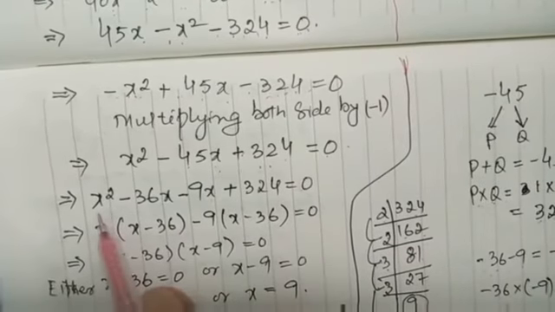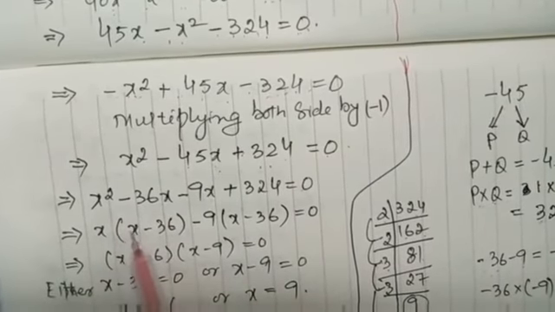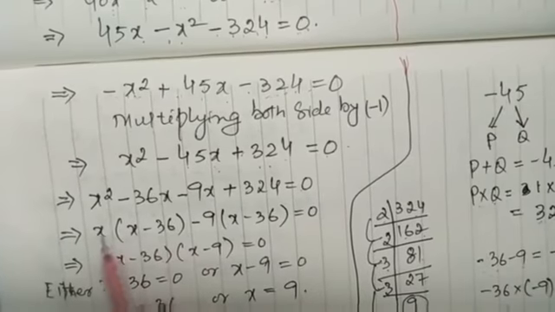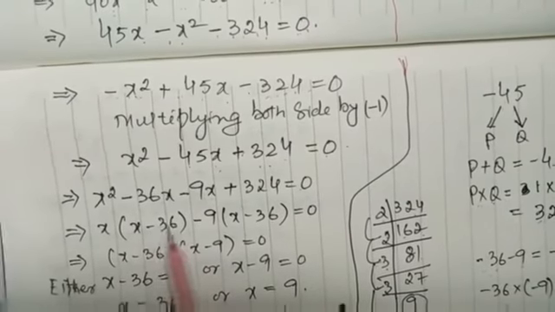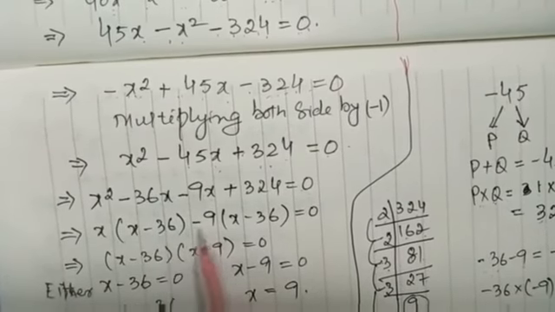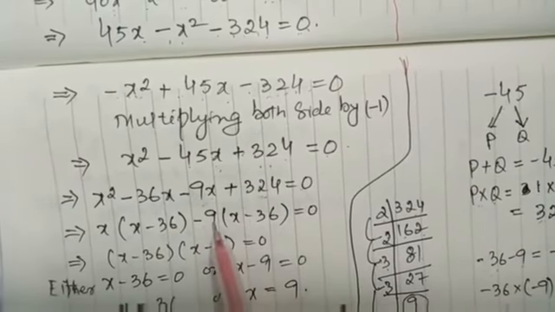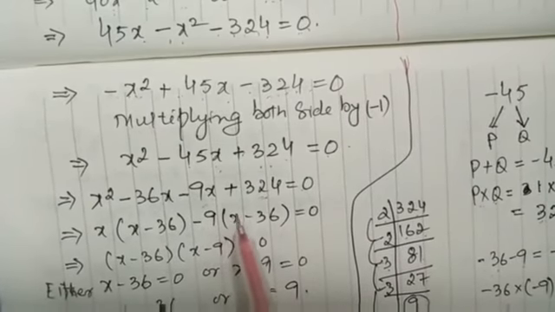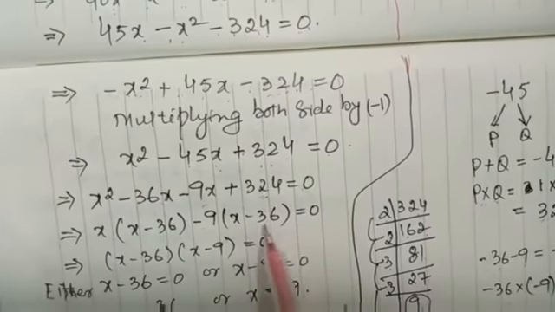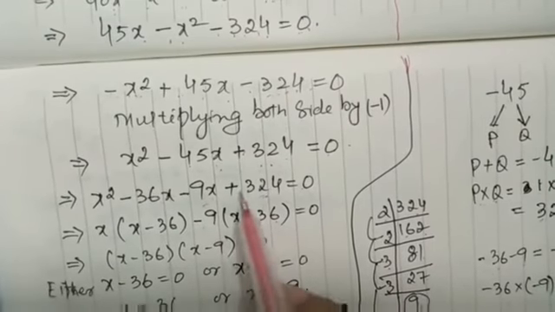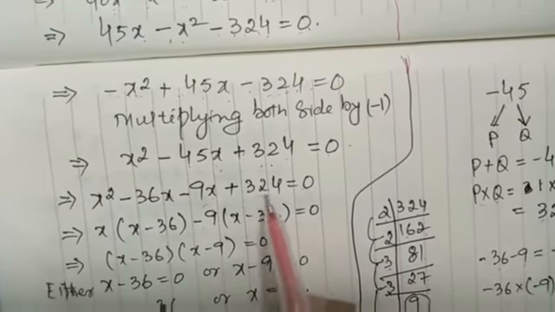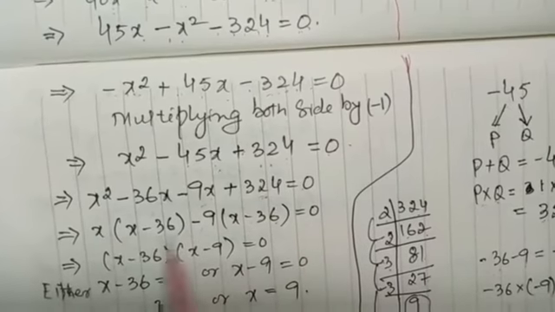Now here I will take the x common. Here it will remain x minus 36, because x into x is x square, x into 36 it is minus 36x. Minus 9 I will take common from these two terms. Minus 9, here it will remain plus x minus 36, because minus into minus is plus, 9 into 36 it will be 324 is equal to 0.